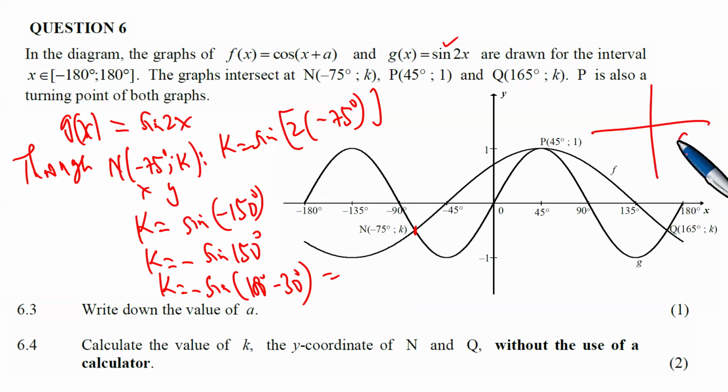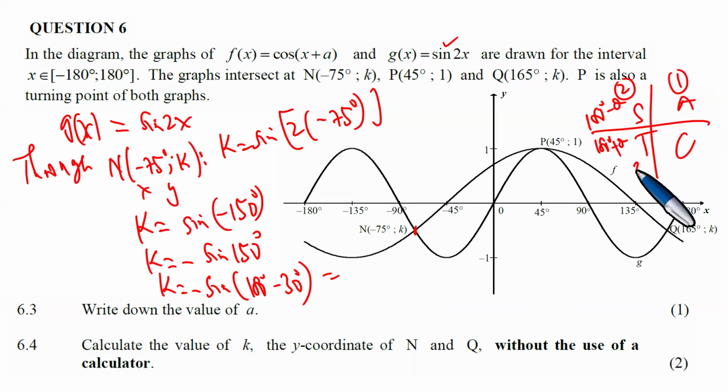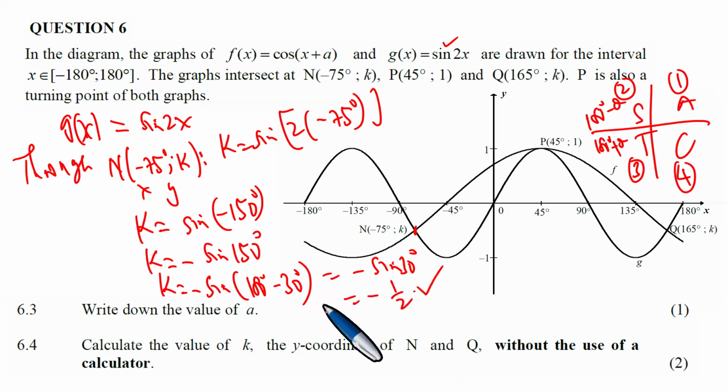By the CAST rule, 180 minus puts you in the second quadrant, in which the sine is what? It is positive. So then you have the sine of 30. What is the sine of 30? It's exactly 1/2, so the k is minus 1/2 there.